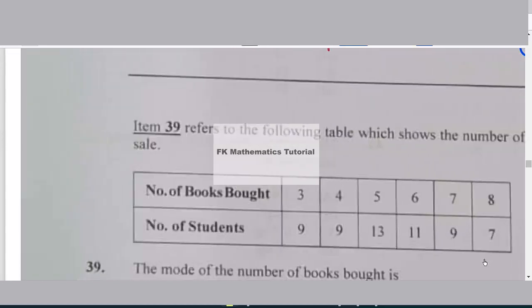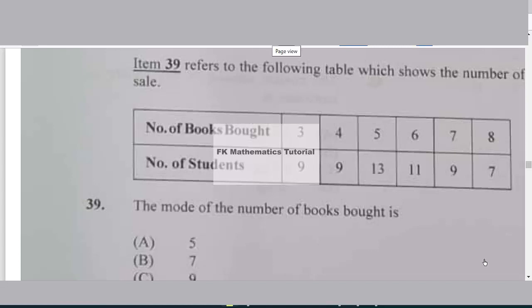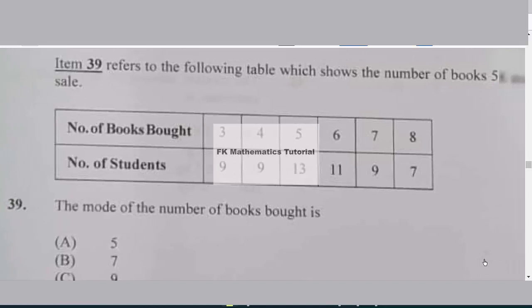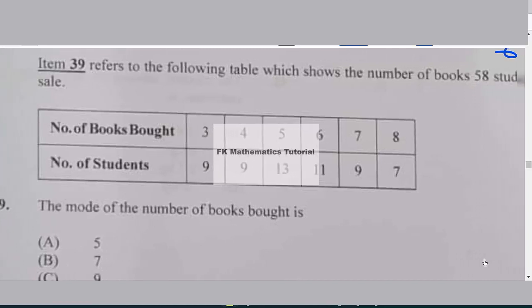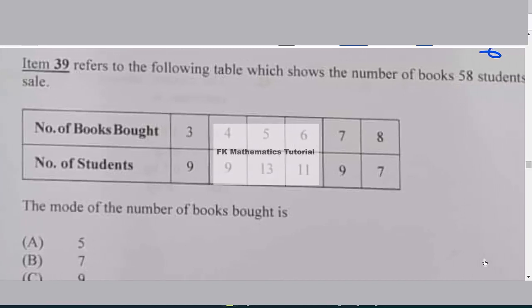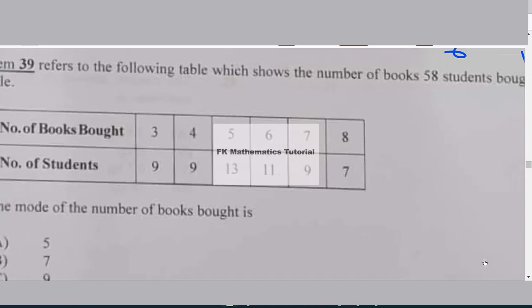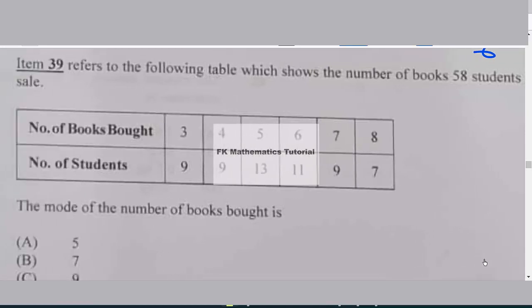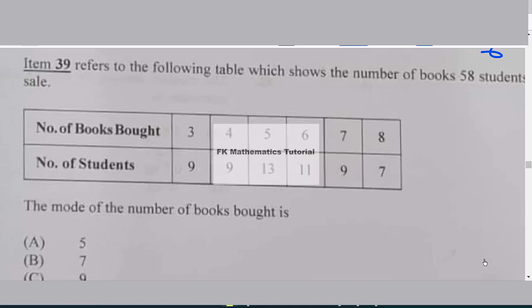Let's look at number 39. Item 39 refers to the following table, which shows the number of books 58 students bought at a sale. So number of books, number of students.